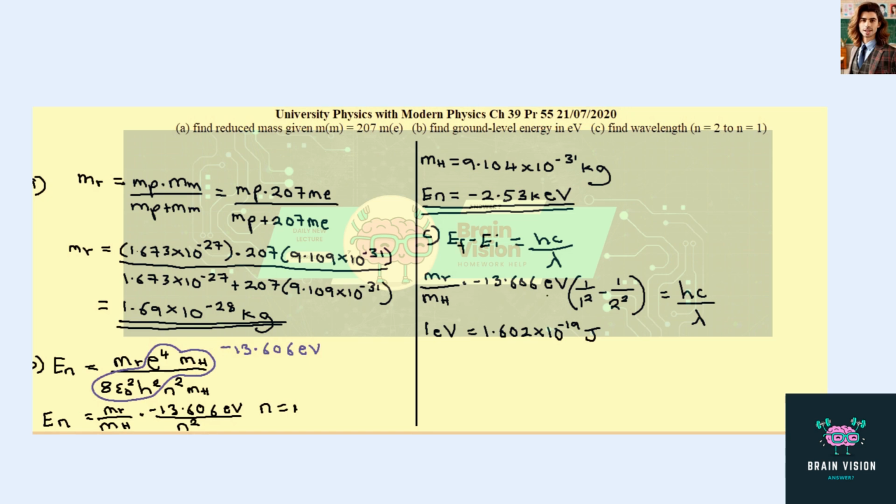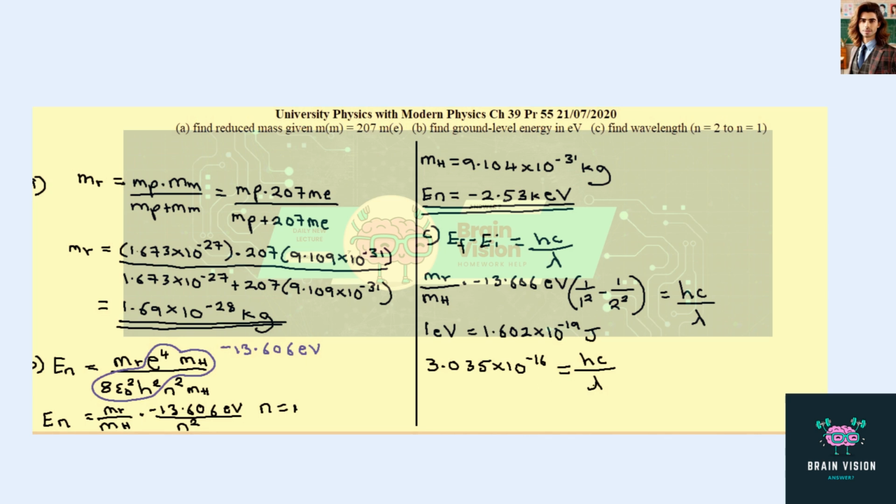We can convert this into joules by multiplying the value here by this. And so if you do that carefully, you will arrive at this value in joules being equal to hc over lambda.